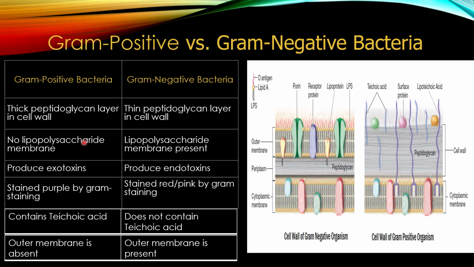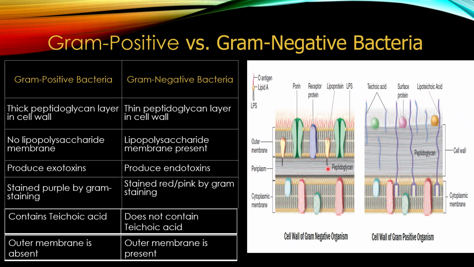And then gram positive bacteria contain teichoic acid. As you can see here, this is the teichoic acid, lipoteichoic acid, present in gram positive bacteria, and in gram negative bacteria there is no teichoic acid present. And then in gram positive bacteria the outer membrane is absent, and in gram negative bacteria the outer membrane is present.